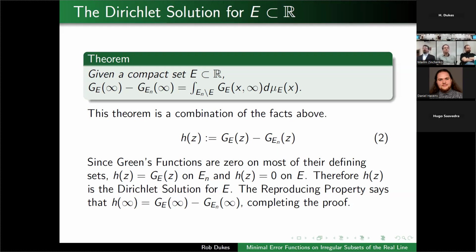So then that reproducing property kicks in. This is the Dirichlet solution. And so then we can evaluate at infinity. This integral is the same as h valued at infinity, which is G of E at infinity minus G of En at infinity. All right, so the difference between those two Green's functions is going to come in handy.